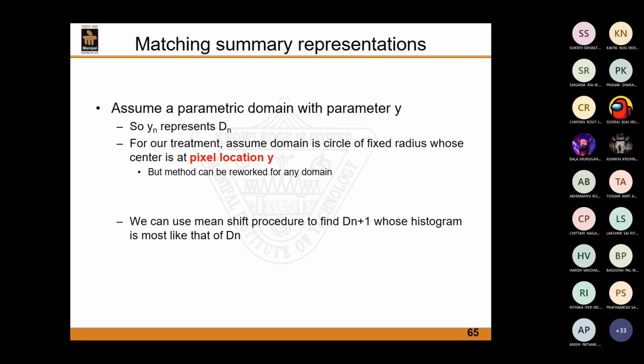And then we moved on to understand the basic working of the mean shift algorithm, and we saw that it can be used to find out the densest region of a data distribution. And we also saw that the densest region of a data distribution can be correlated with the peak of a PDF, or the probability density function.